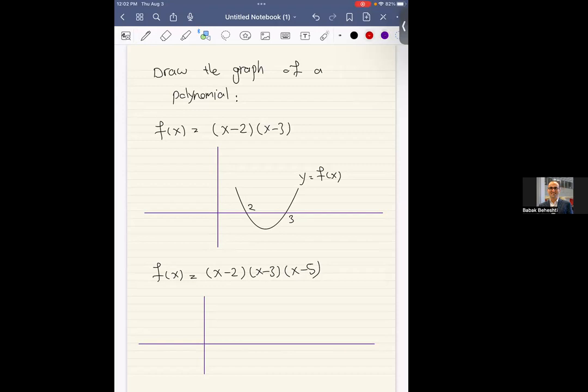But here you see there are two possibilities, with x-intercepts at x equal to 2, 3, and let's say 5.